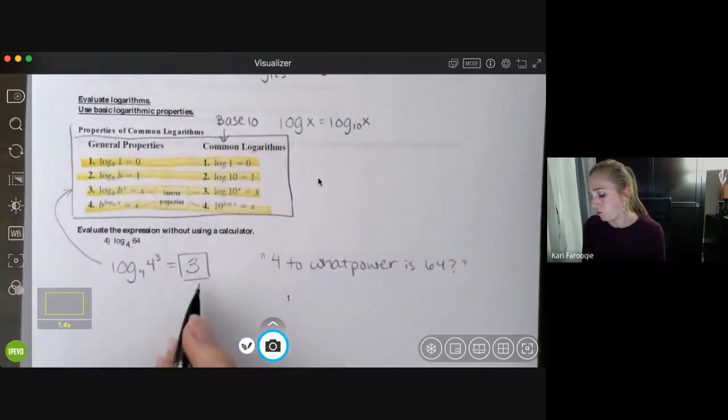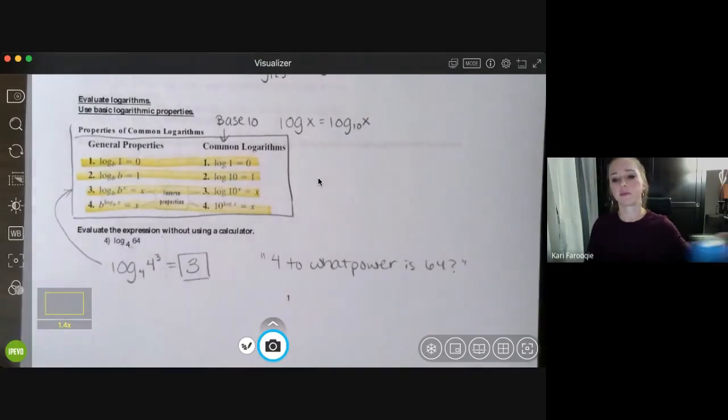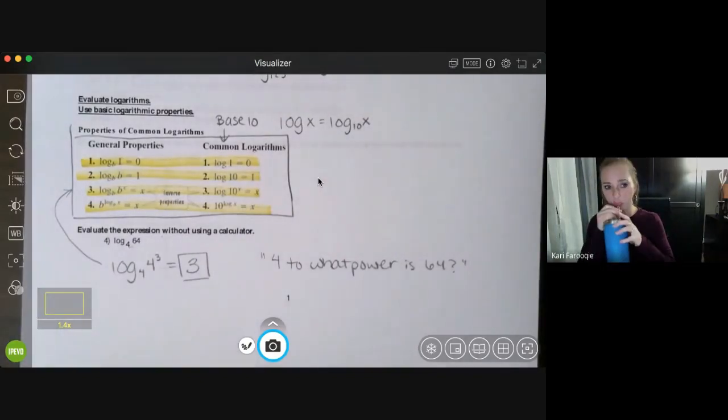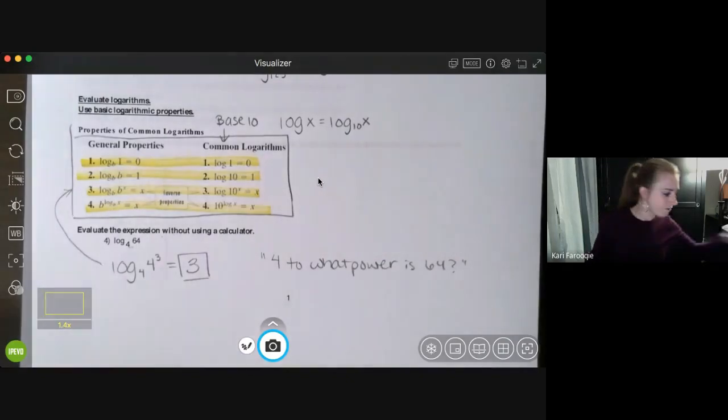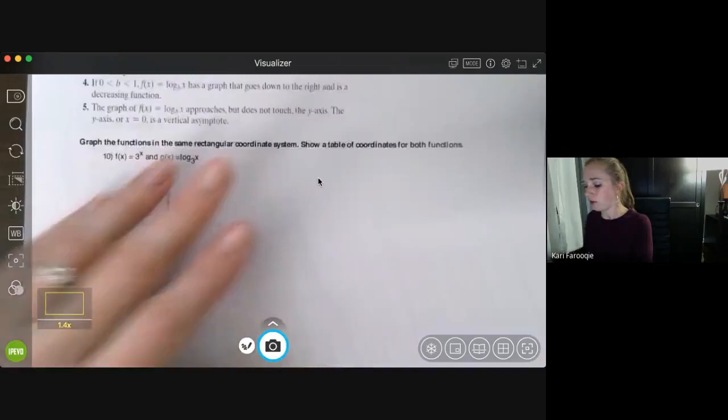All right, so this would be using the properties. That would be kind of thinking it through. Does anyone have a question on number 4? Okay. So let's do a couple more.